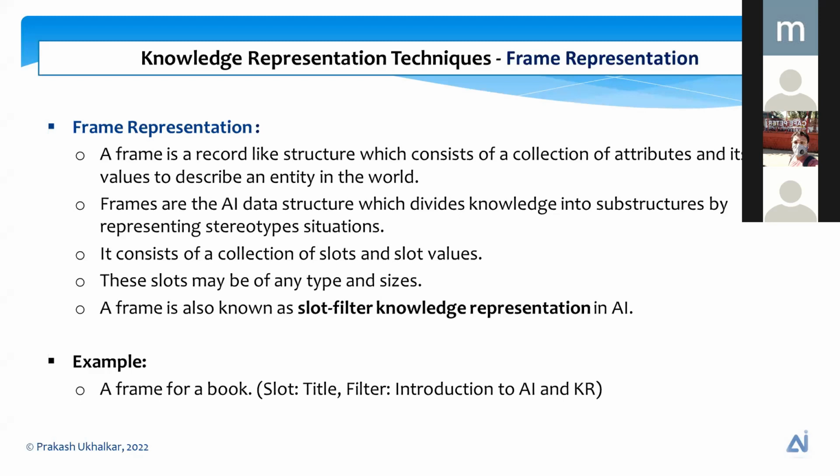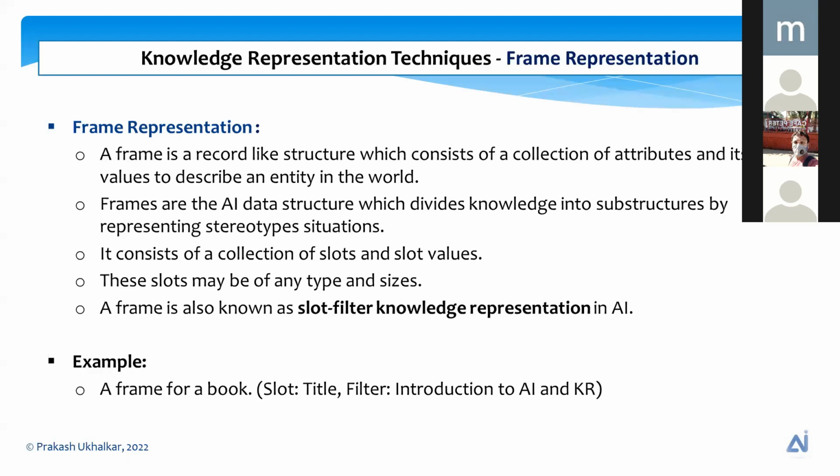So this is like a frame representation, just the nomenclature is different. In frame representation, slots and fillers are mentioned. So I have mentioned one example in the book, a frame for a book. If you want to store information about books, there are fields like title, author, publisher, and date of publication.